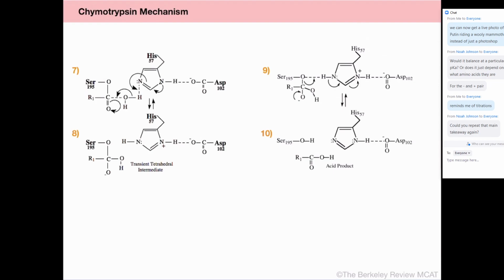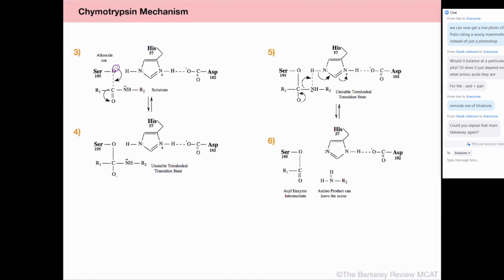So let's go down one. When you have some sort of substrate get near it, this serine, which is normally in this example protonated, is actually unprotonated because these things pull that proton off and it'll become active and it can attack the substrate.